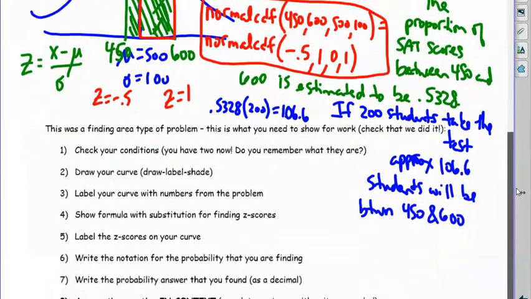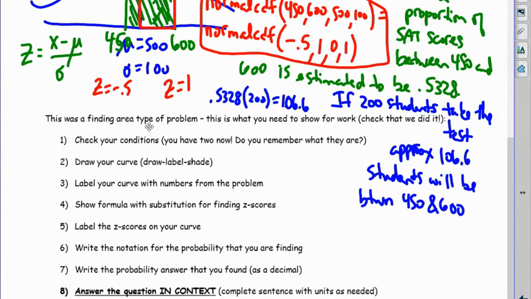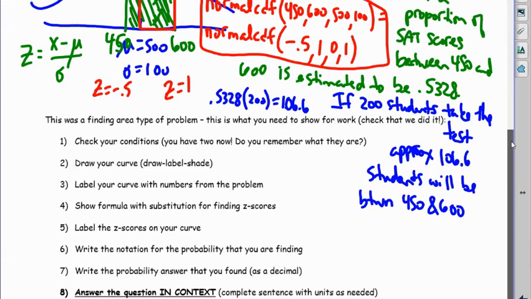And if you are looking at this kind of problem, check your conditions. We have 2, although eventually you can drop writing the quantitative condition, but right now we notice that it's quantitative. Nearly normal will be absolutely mandatory in order to draw that curve. Draw your curve, draw, label, shade, label your curve with numbers from the problem, show your formula for finding z-scores. What do I mean by that?